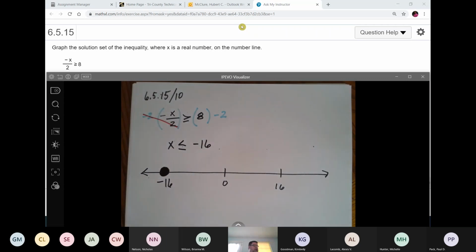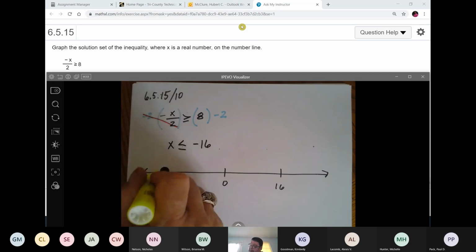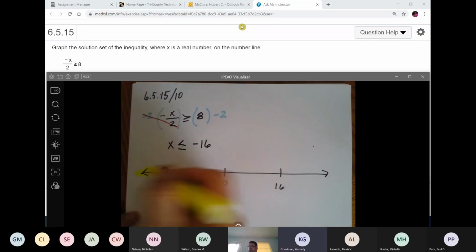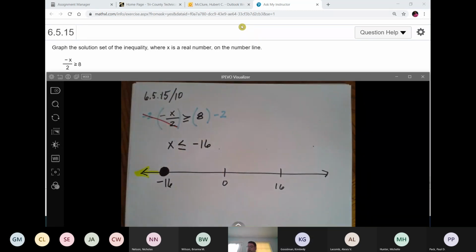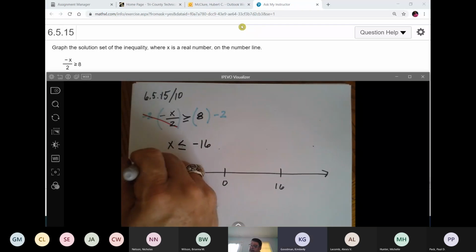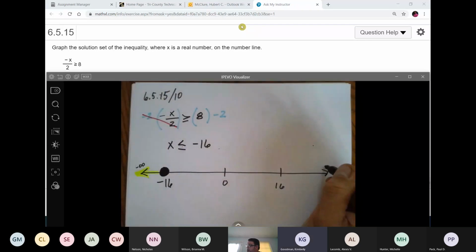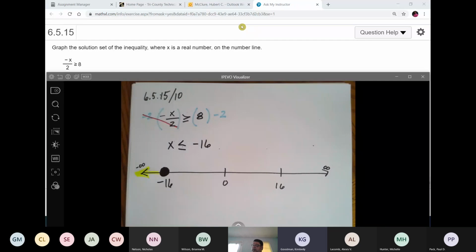And what numbers are less than? That would be to the left. And what's this arrowhead called here? Negative infinity. This arrowhead is called positive infinity.